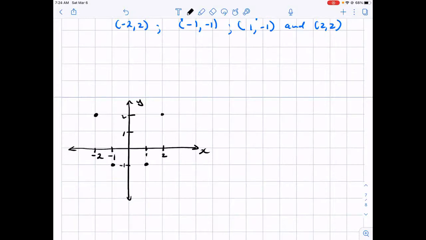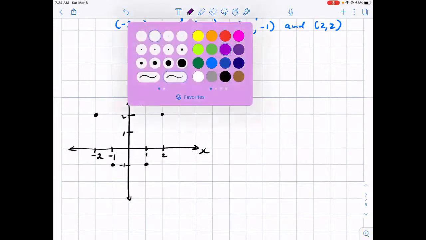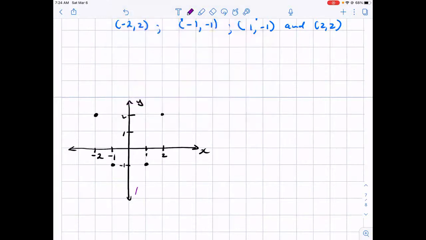So notice here also, we could have thought a possibility is that maybe, just maybe, my graph looks like this. Okay, maybe. So that's a possibility. Okay.